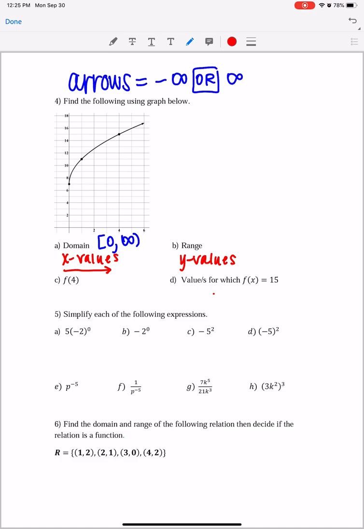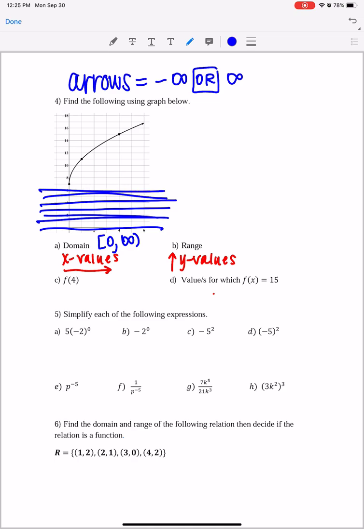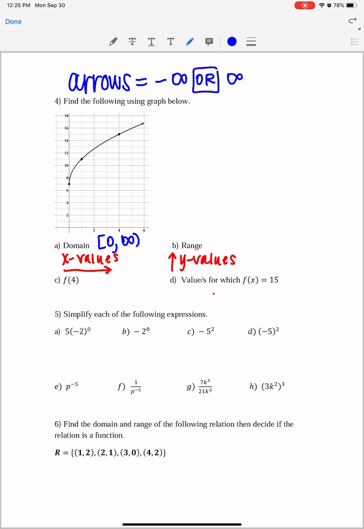Now with my y values, you want to go bottoms up, from the bottom to the top. Here's my pencil again. We have nothing at y is 0, 1, 2, 3, 4, 5, 6, but right here I've hit something at 7. And again, numbers mean brackets.